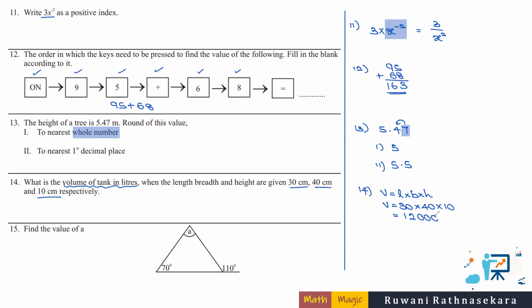With 3 zeros, it's 12,000 cubic centimeters. But since it's to be given in liters, you can convert cubic centimeters into milliliters. As they have a one-to-one relationship, it will be the same value in milliliters. And when it's converted into liters, dividing by 1000 will give 12 as the answer.